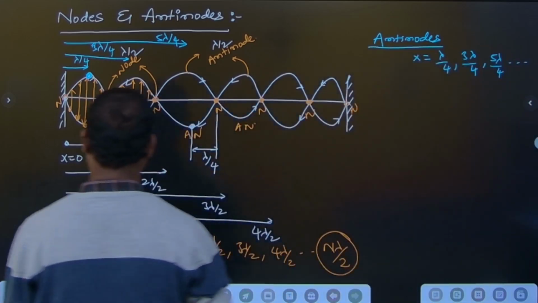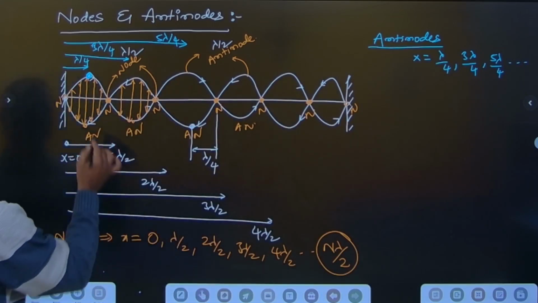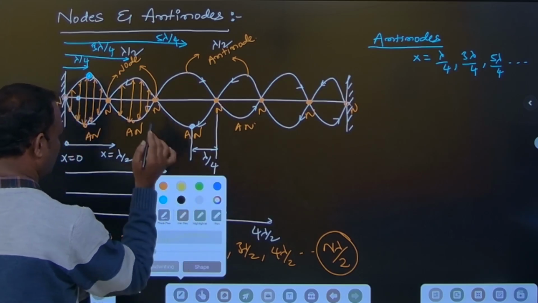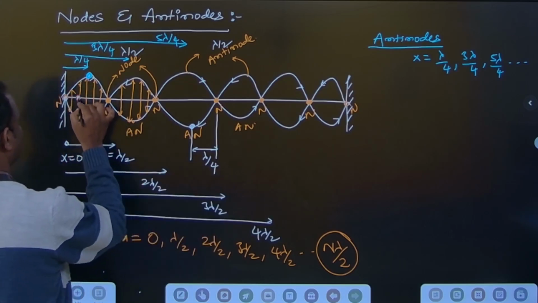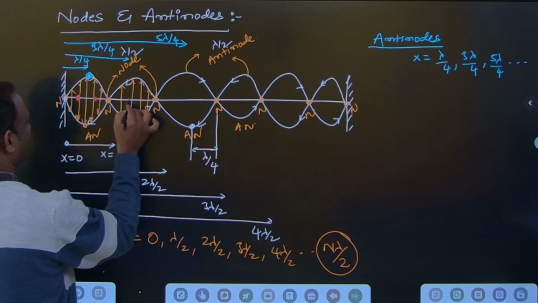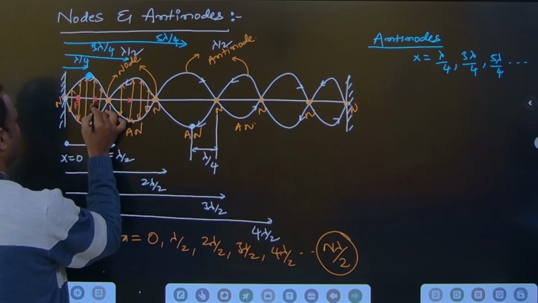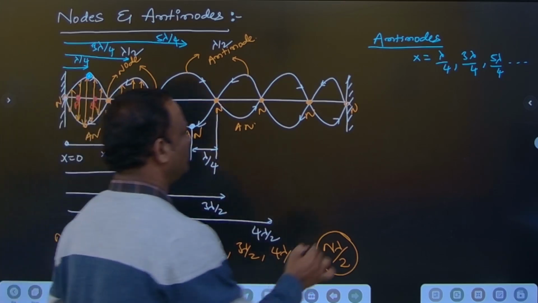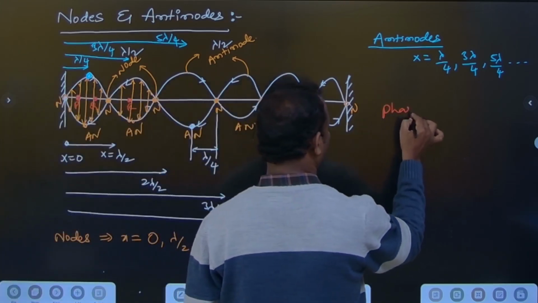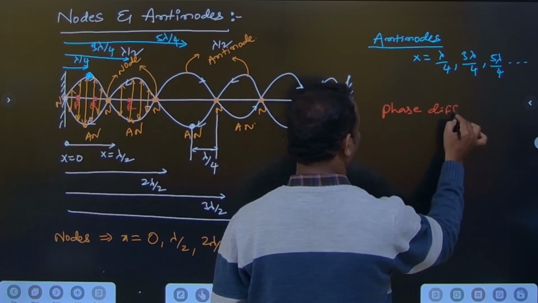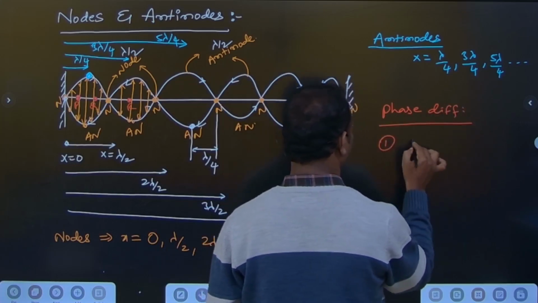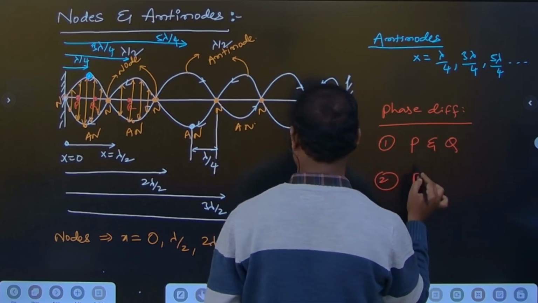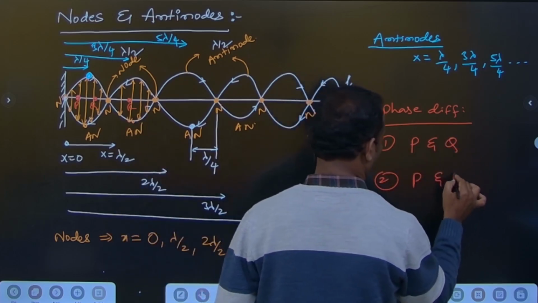And the most important thing: if I choose two particles, first particle, second particle, next one, say this is P, this is Q, this is R. What is the phase difference, first between P and Q, and second between P and R?